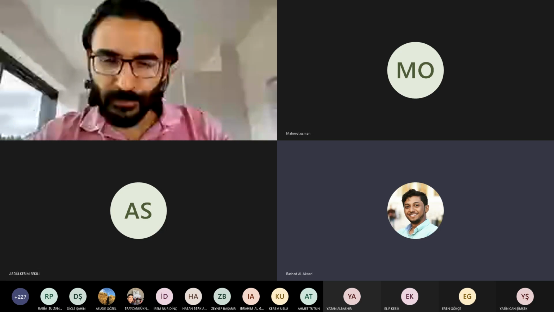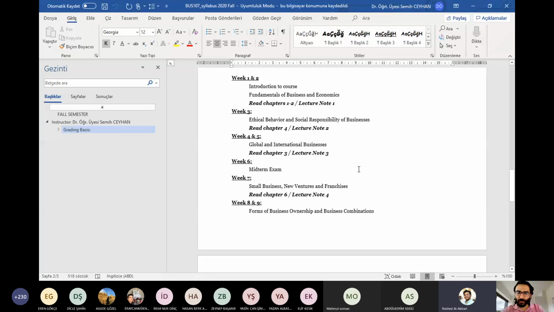Do we have to read both of them or is just one enough? No, you need to read both of them, okay? The chapter is in the book, and the lecture note is kind of a summary of what we talked about today. The chapter is more detailed, so if you can read the chapter, that is better. But the lecture note can help you see the summary.